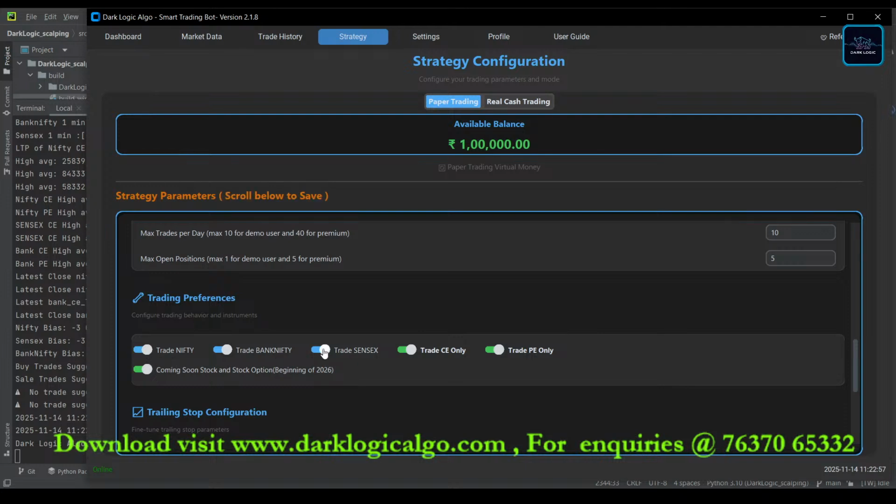If you switch off the Sensex, and the bot suggests any kind of Sensex trade, then the trade will not take place. So likewise, there is call side and put side. So you can choose which side you want to trade and what index you want to trade.